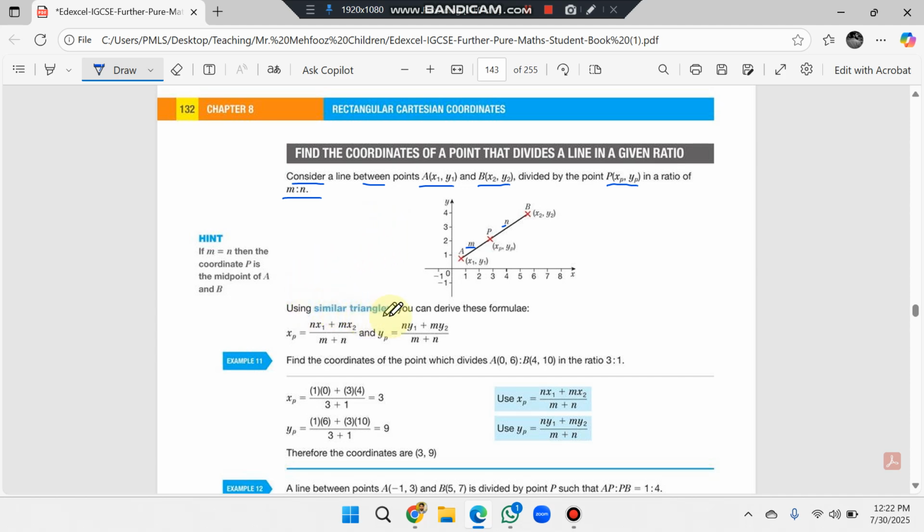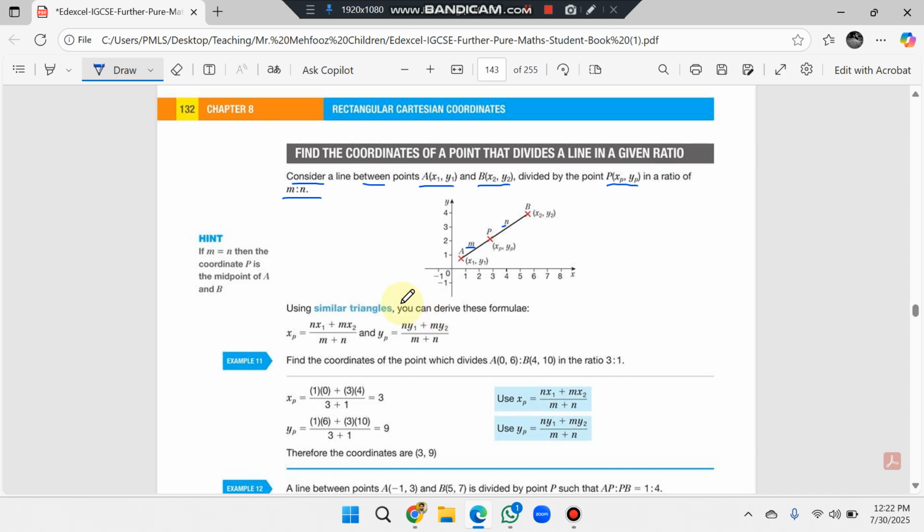Using similar triangles, you can derive these formulas. xp is equal to n times x1 plus m times x2 over m plus n.